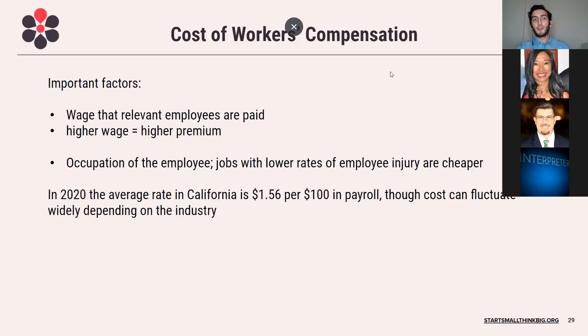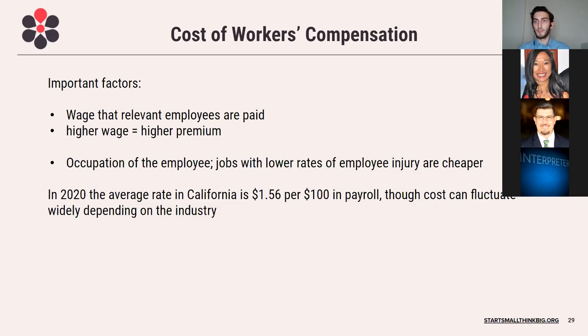So the cost of workers' compensation insurance has two main factors that go into determining the price of it. How much the employee is paid, because the insurance pays them a portion of their wage while they're injured.